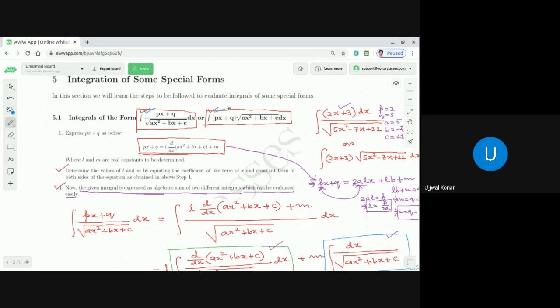Then we find the value of L and M in the second step. After that, it is the simple integration of two algebraic terms.